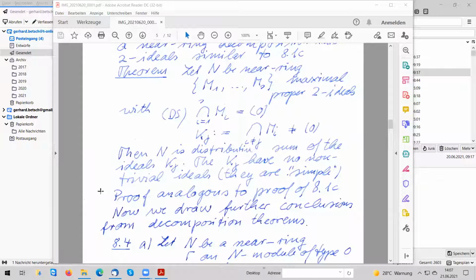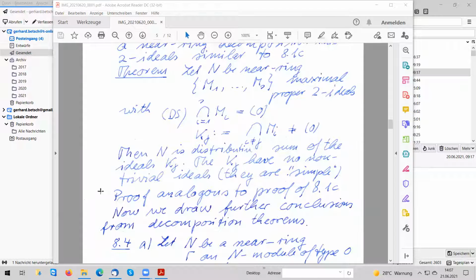Then we get N is the distributive sum of the ideals Kj. Of course, these Kj are ideals of the ideals Kj.